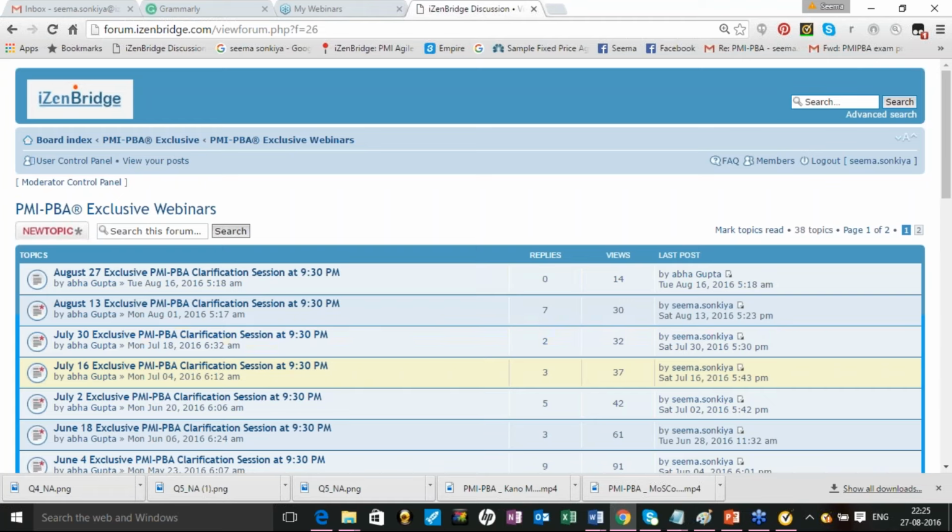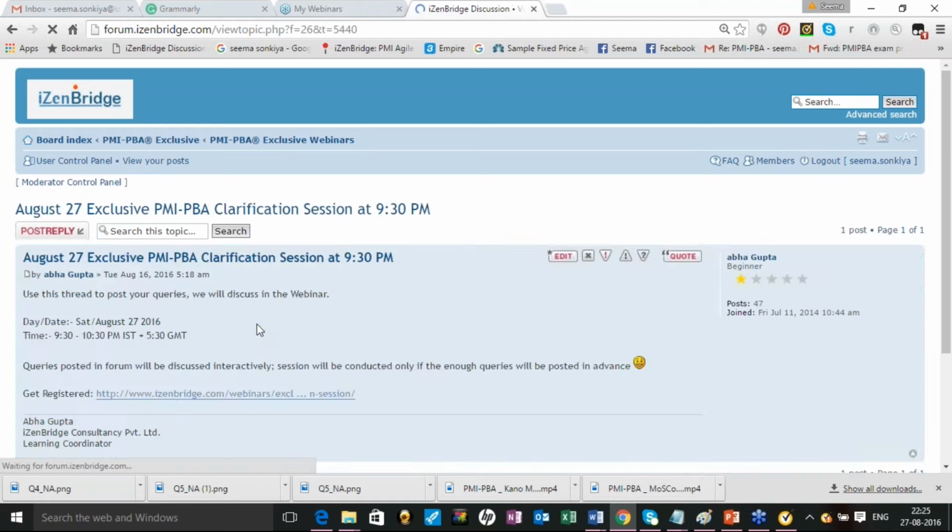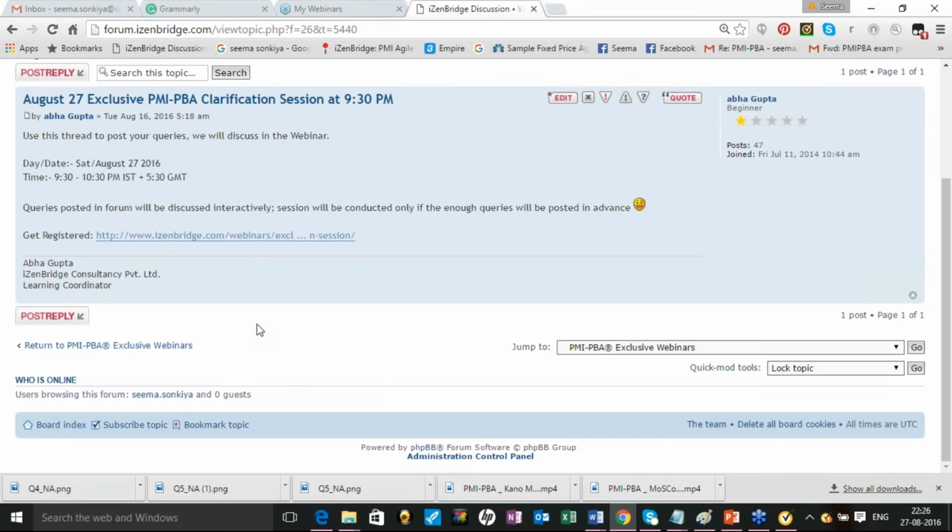We create a new thread for each clarification session, and whatever you would like to discuss during the session, please post a question, and for each question create a new thread, means post reply and then post reply for a new question, another post reply, something like that. So it works in a distributed environment. So it is the brief introduction about the forum which can help you while preparing for the exam.